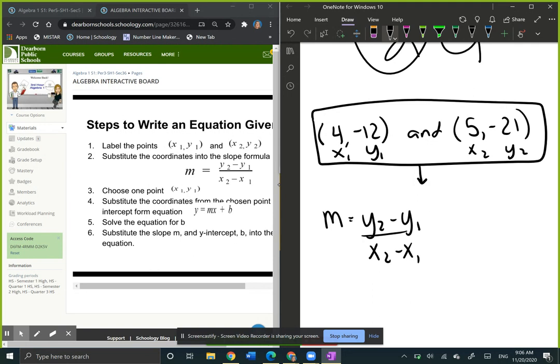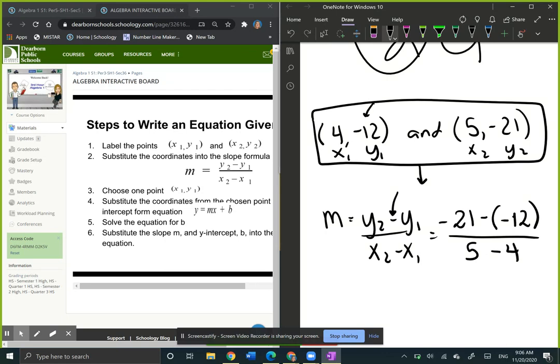So we're going to substitute these points in. So we're going to get y2 is negative 21 minus, okay, this is where a lot of students are struggling. This minus is already there, and then this is a negative, so minus negative 12 divided by x2, which is 5, minus 4.